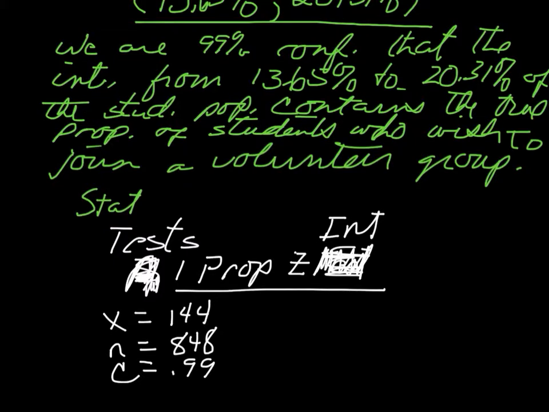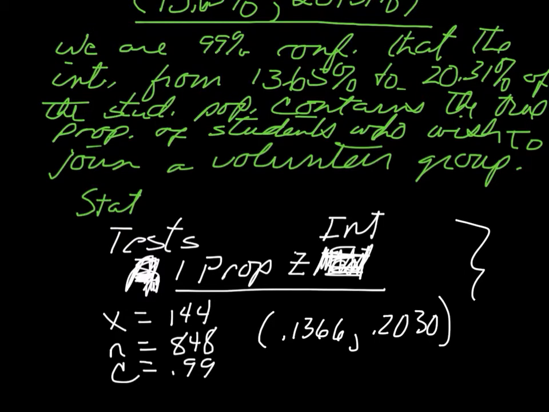And the interval I get is, except for a small decimal point, 0.1366 and 0.2030, which is very close to what I got from before. So you can see that technology saves a lot of time, so I would encourage you to use that as much as you can in class tomorrow.